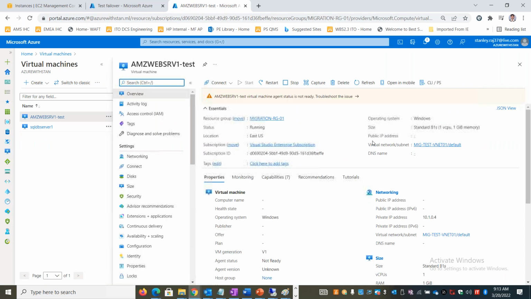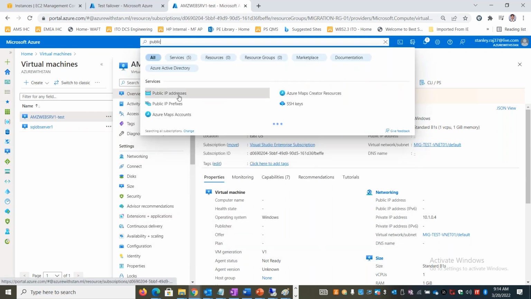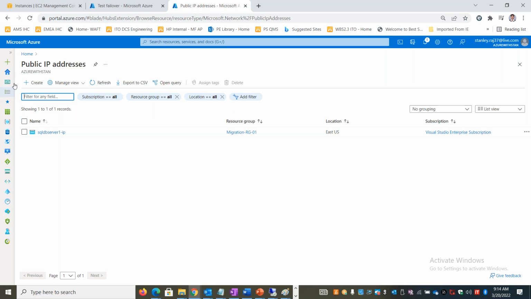I'm doubtful, it doesn't have a public IP address. Even the agent is getting ready, it's installing and getting ready. So meanwhile, I can go and see if there are any unused public IP addresses. Okay, I got only one for SQL, but I'll use one for the Amazon machine.